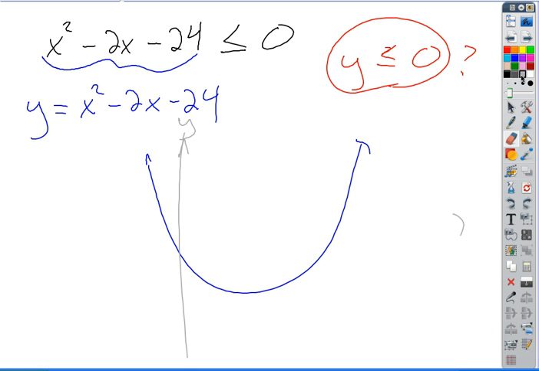If that's the x-axis, and I don't know where the x-axis is, I don't even know if the parabola intersects it, but if it does, where is this going to be true on the parabola? Where are the y values less than or equal to 0?